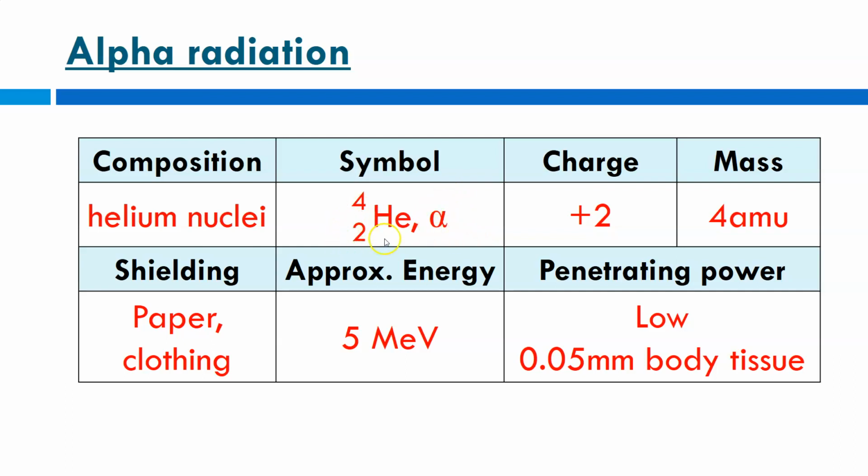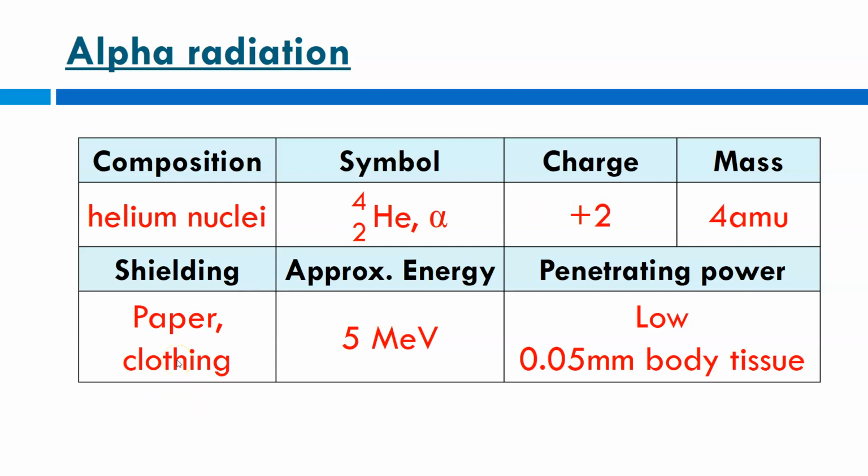The atomic number we always put as a 2, and the mass is a 4, because there's 2 protons and 2 neutrons, so our mass ends up 4. The charge, however, is not neutral. Even though we use a helium symbol, this has a charge of +2 because there's 2 protons and no electrons.